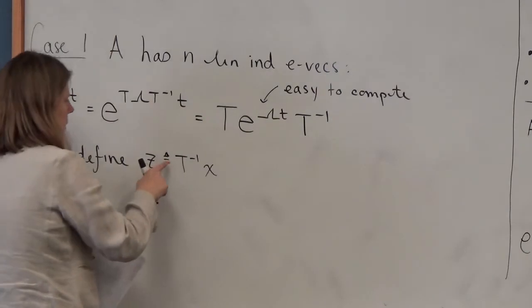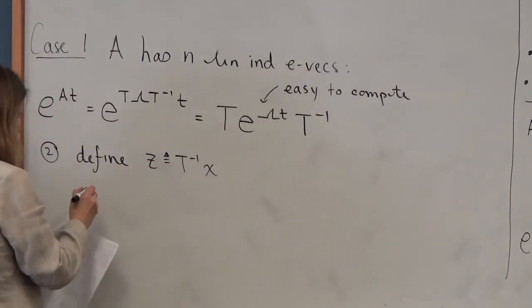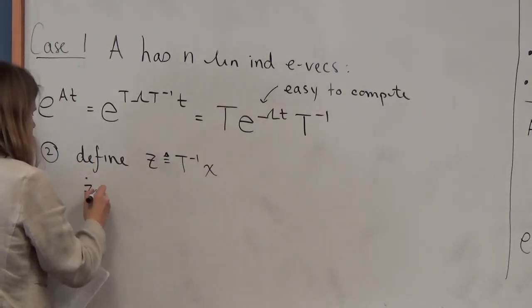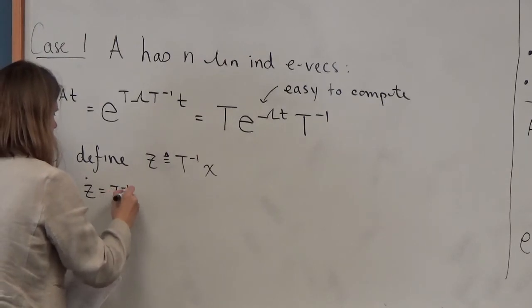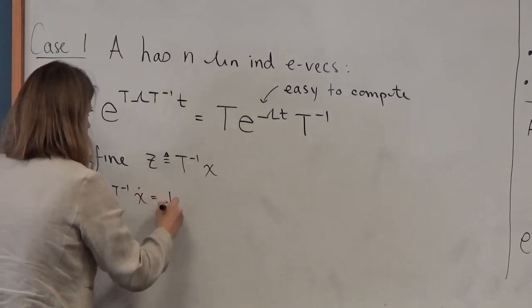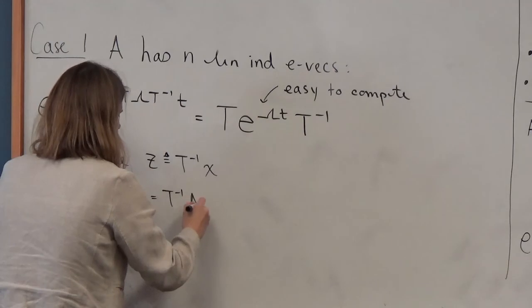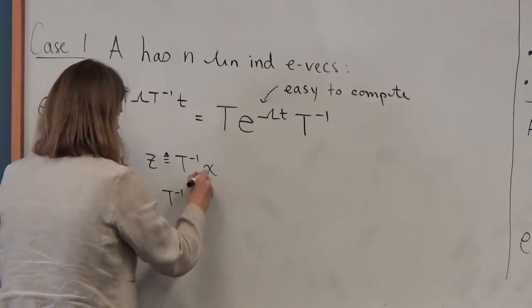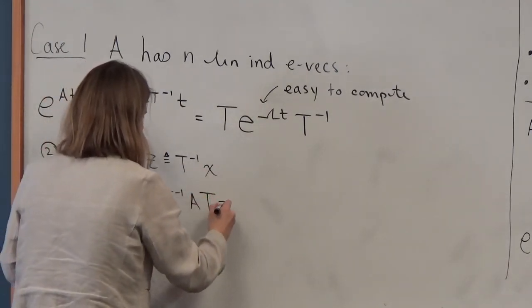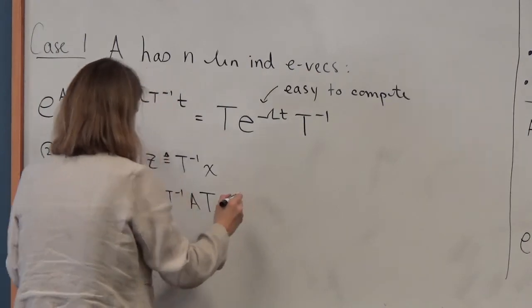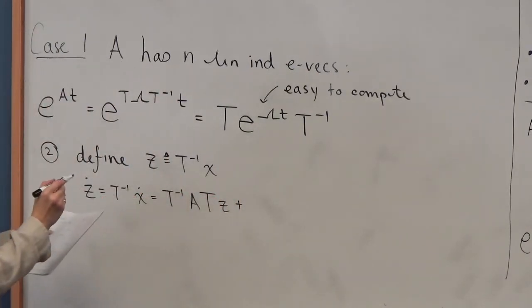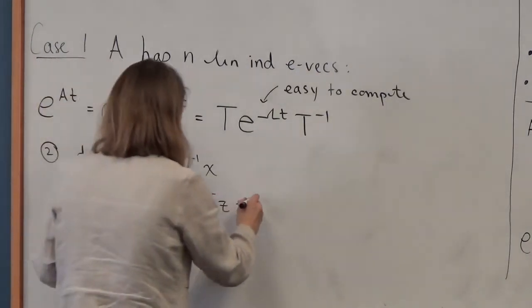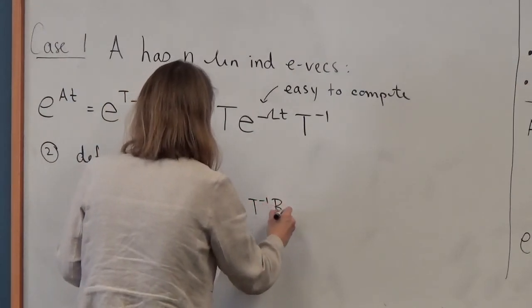So z is equal to T inverse x. Then z dot is equal to T inverse x dot, which is T inverse A x plus T inverse B u. Since x is equal to Tz, multiplying by T inverse gives T inverse Bu.